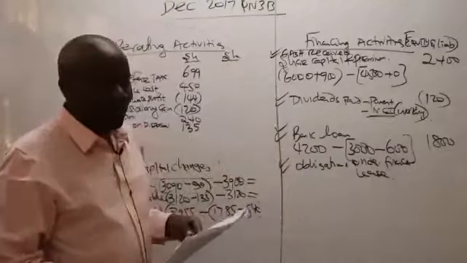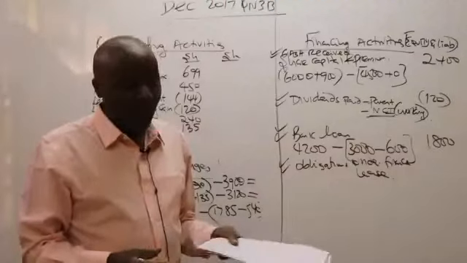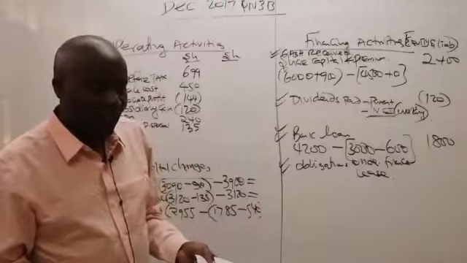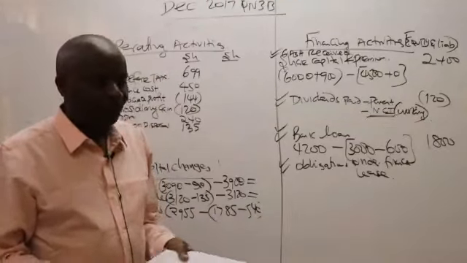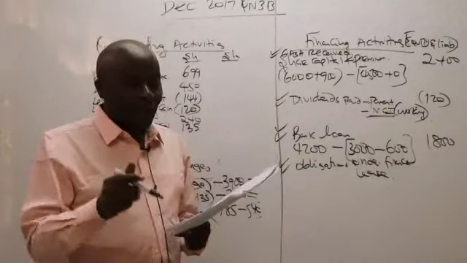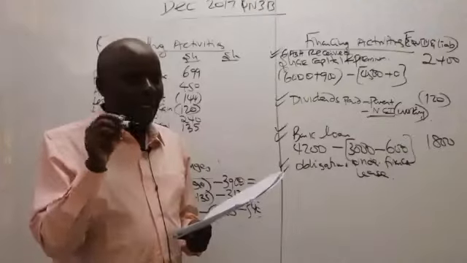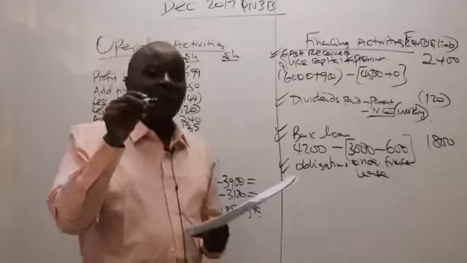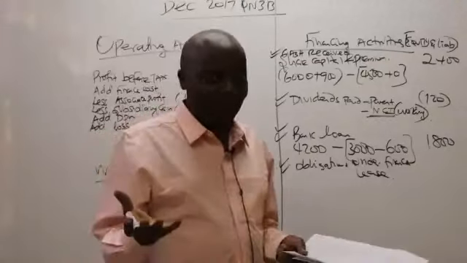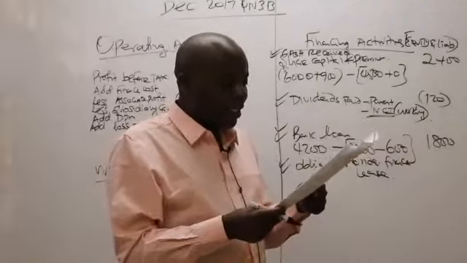Obligations under finance lease wamenipatia figure ya 390 quite fast. Kumbuka ziko mbili, hapa ina fall under current and non-current. Ukaambiwa na mwalimu when there are two of them, lazima uzi consolidate.